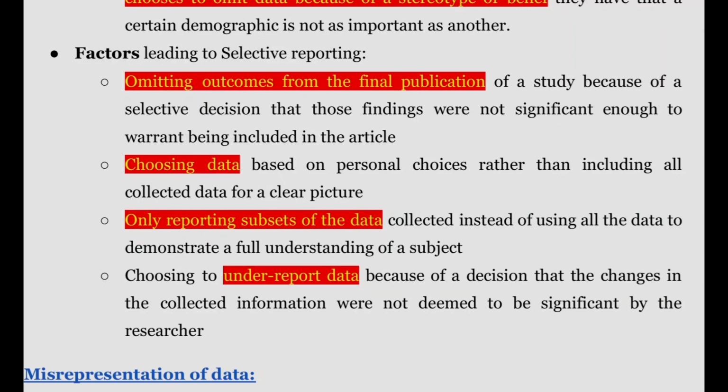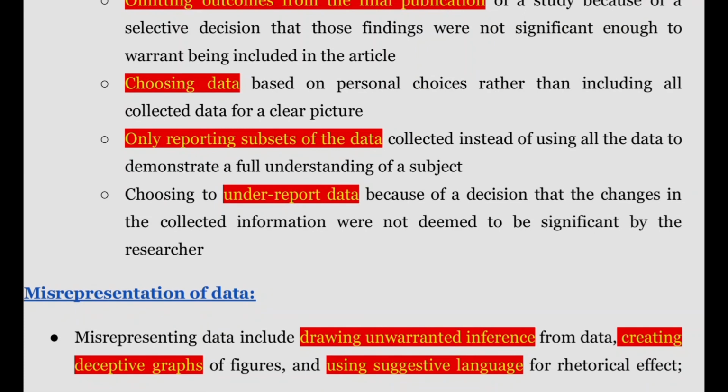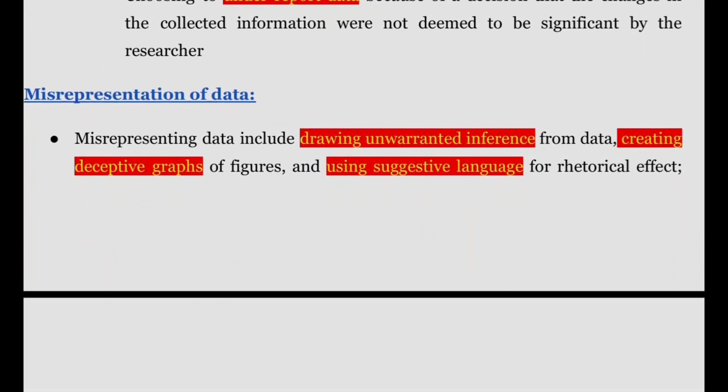Choosing data based on personal choices. Only reporting subsets of the data collected instead of using all the data to demonstrate a full understanding of a subject. Choosing to underreport data because the researcher decided that changes in the collected information were not significant.